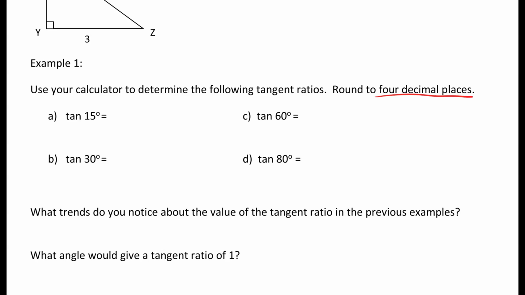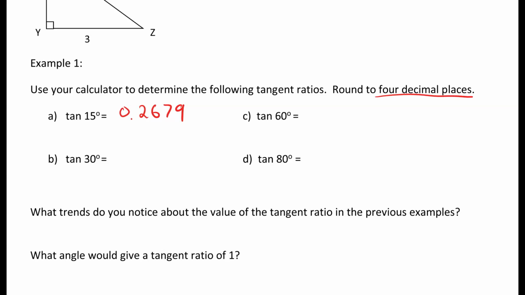Now, if we put tan 15 into our calculator, what we should be getting is 0.2679. Important here that you have your calculator in degrees. If it's in the wrong mode, it won't give you the correct ratio. So you have to make sure that it says DEG on your calculator when we're solving for trig concepts.